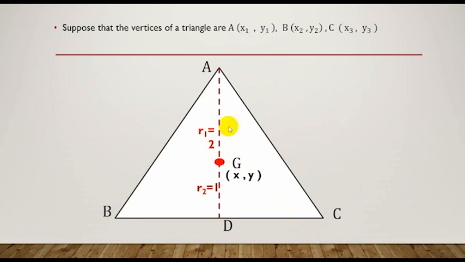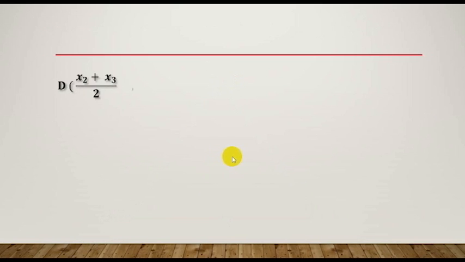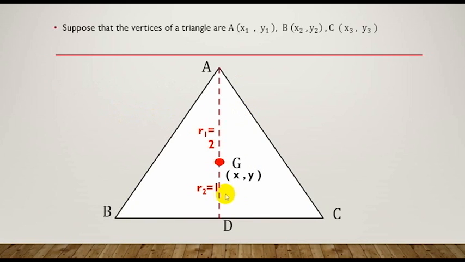The ratio is 2 to 1, and this value is the point of division. Okay. For our dividing, if we look here, this one comes and divides that one exactly in half. In half means this part equals that part.